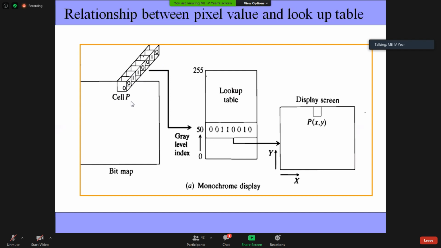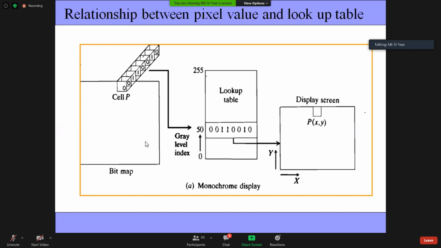Yes, sir. So generally any computer understands the language of zeros and ones. Every bit is converted into zeros and ones, and each cell is converted into whatever the value is there, and the same value is available here, and it will be given to the display screen as a proper signal.